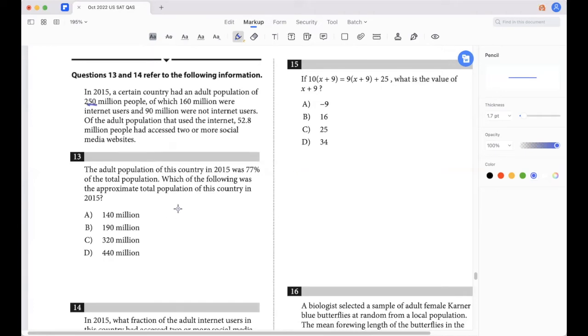So 250 million is 77% of X. So X is 250 times 100 by 77. So let's plug that into the calculator. So that's 324. So approximately 320 million.